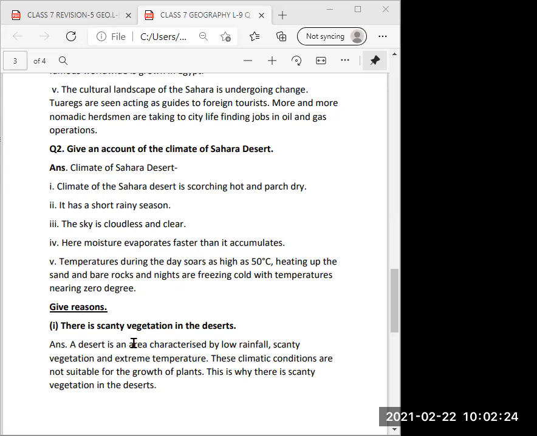Then heating of the sand and bare rocks, and a night of freezing cold with temperature nearing 0 degrees. As soon as the sand or land gets warmer fast, it also cools down just as fast. So the more it heats up during the day, the faster it cools at night, reaching 0 degrees. Clear?